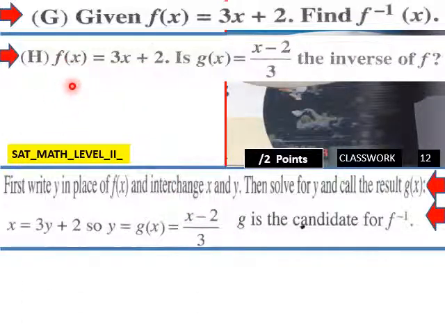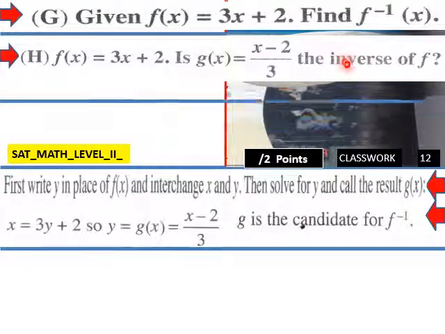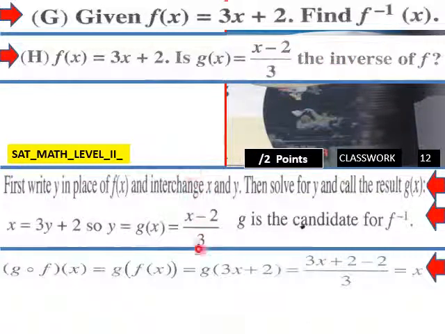And then for f here we have 3x plus 2. If g of x equals x minus 2 over 3, is that the inverse of f? So we need to prove that it is. So to do that, we're going to go g of f of x. This is g, then g of f of x. So we plug in here for x, we plug in 3x plus 2.